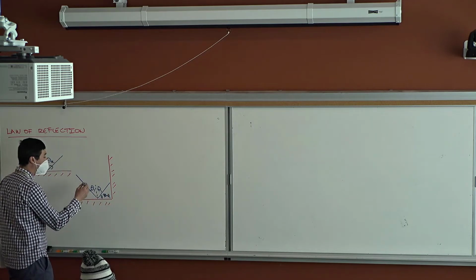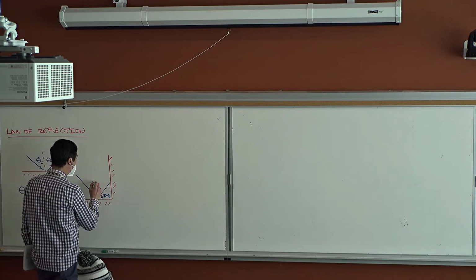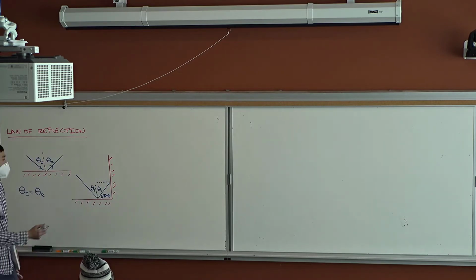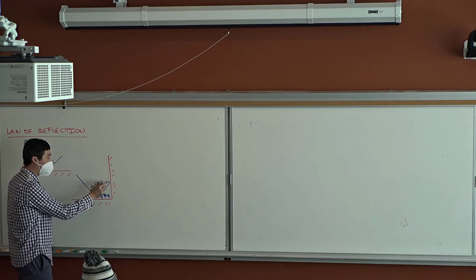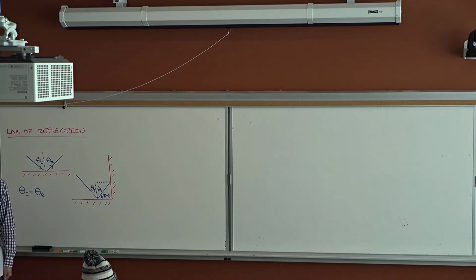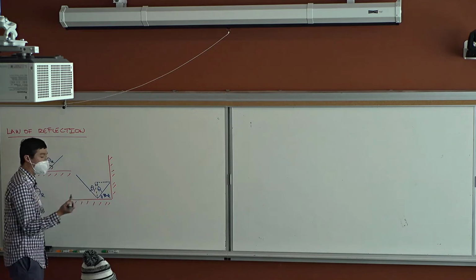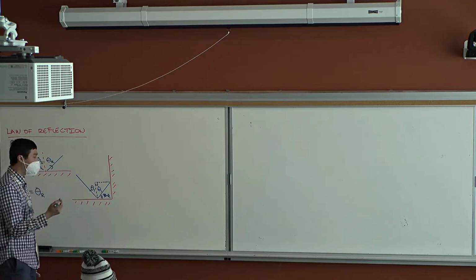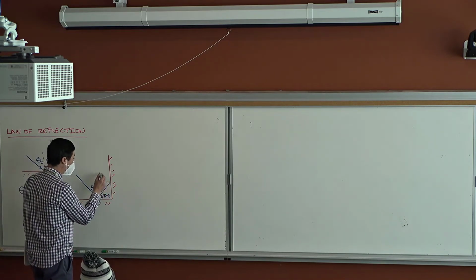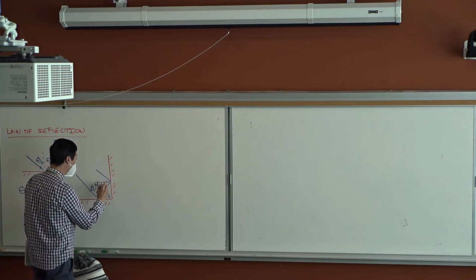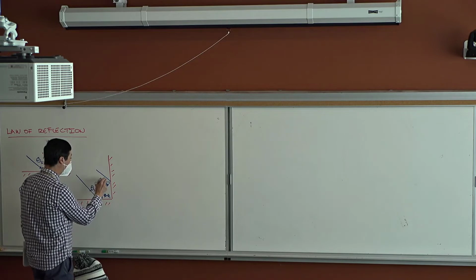Right, and so note that if I draw another normal here, what's true about these two normals? They form a 90 degree angle, right? So I could call this theta 2. I know this is also theta 2.